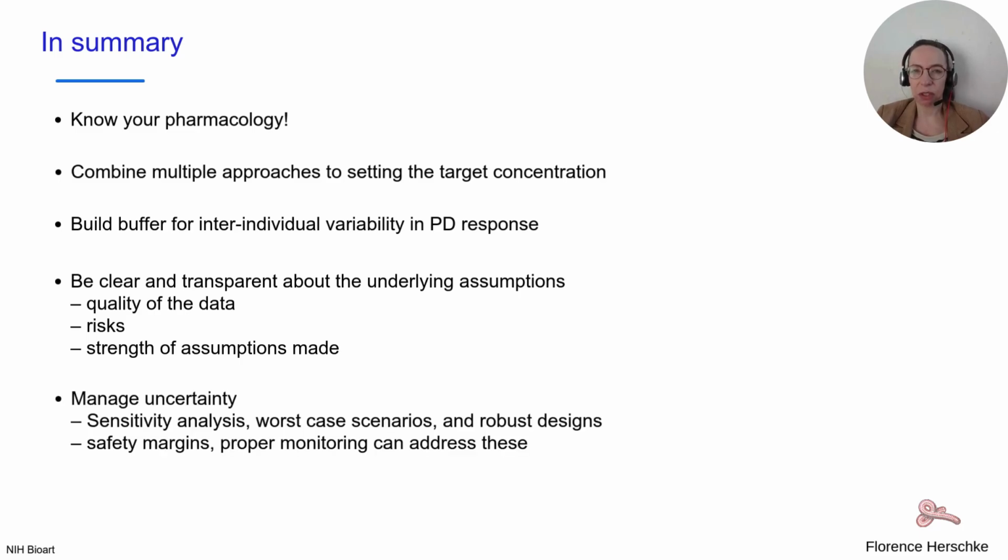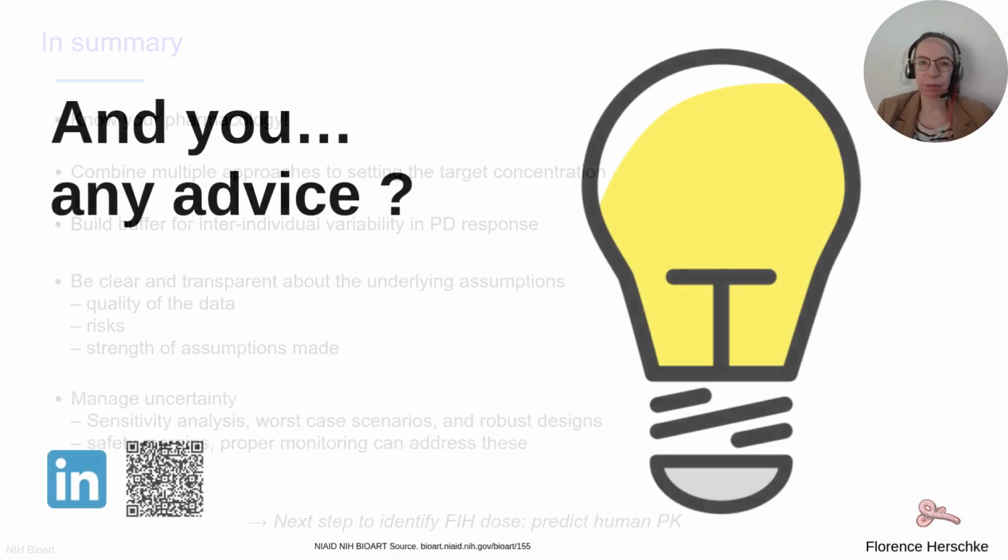To handle uncertainty, you can perform sensitivity analysis, worst case scenarios, best case scenarios, and robust design. And finally, it will be essential to monitor properly during clinical studies. Finally, the next step to identify the first in human doses is to predict human PK. As mentioned at the beginning, for this, I truly advise you to consult a PK modeler.